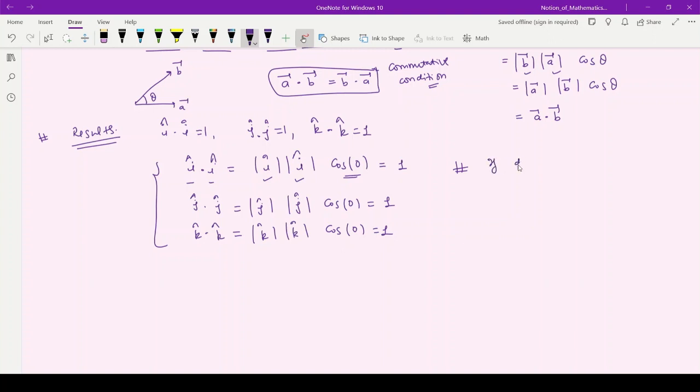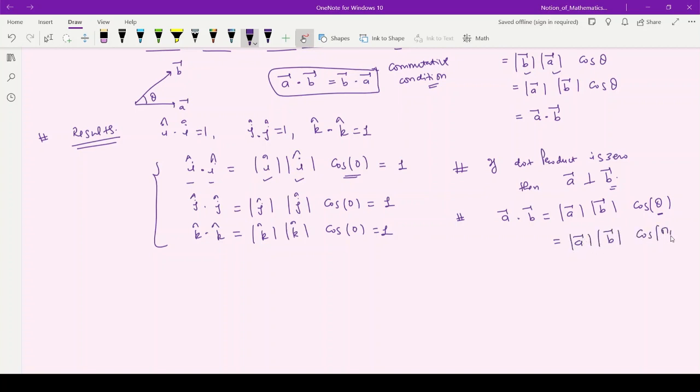If the dot product is 0, then we will say these two vectors are perpendicular to each other. Likewise, we know A vector dot B vector is mod of A vector mod of B vector into cosine theta, but for the perpendicular condition we will consider cosine of pi by 2, and we know cosine pi by 2 is 0.